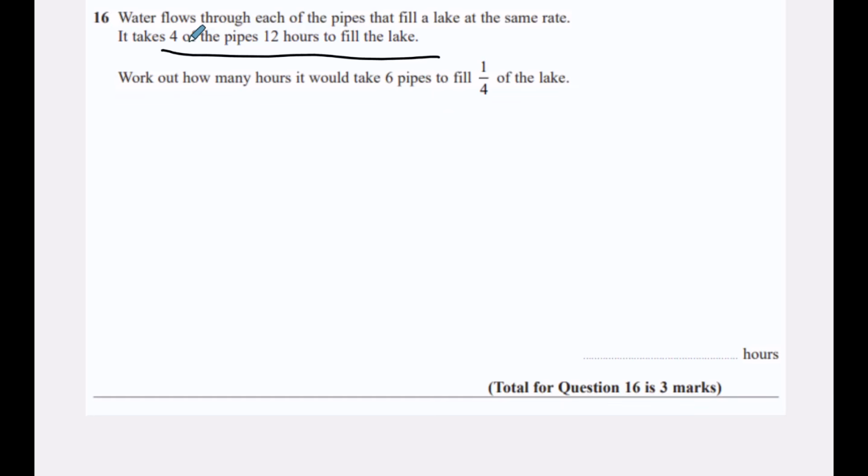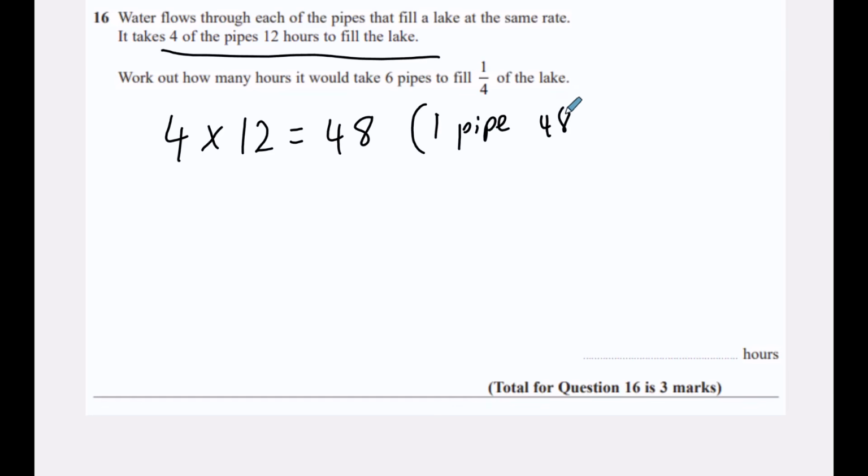If we had less pipes, it will take longer. If we do 4 times 12, which is 48, that tells us how many hours it would take one pipe. So it would take one pipe 48 hours to fill the lake.